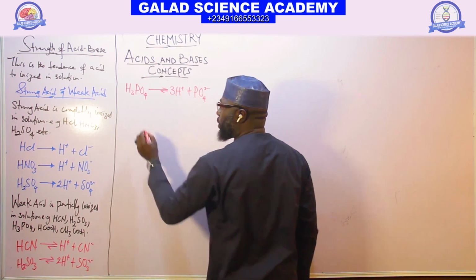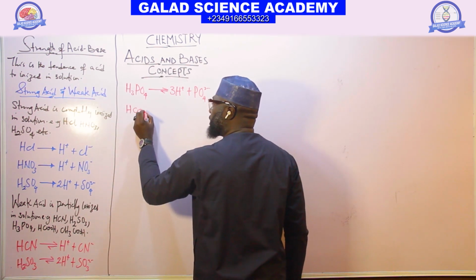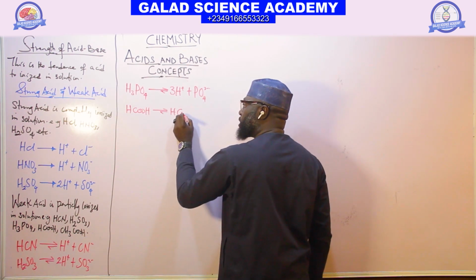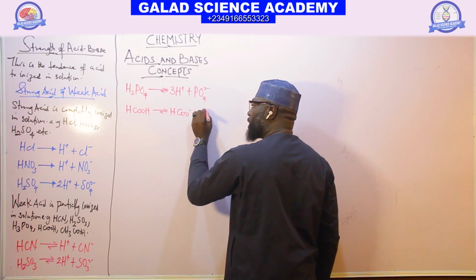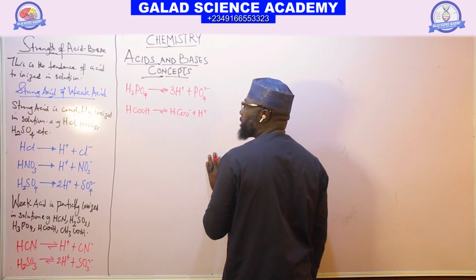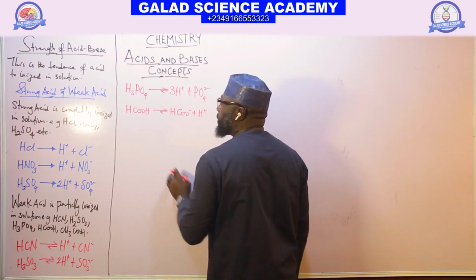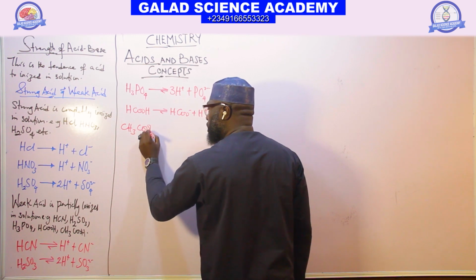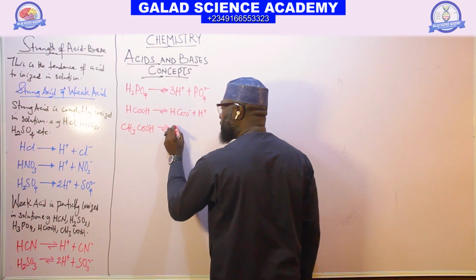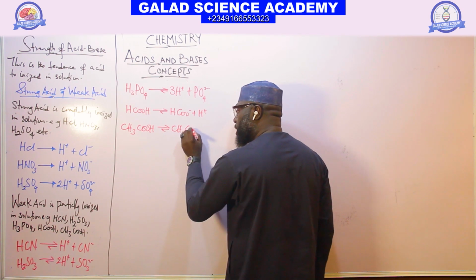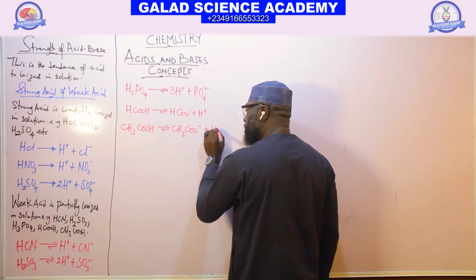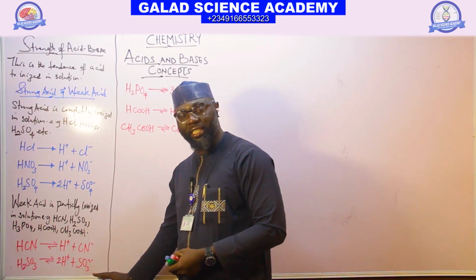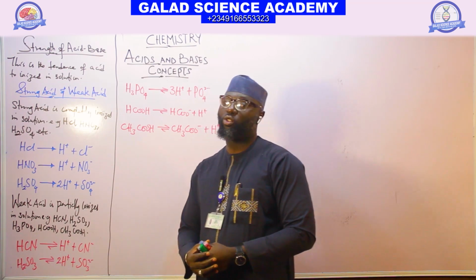And we can also have methanoic acid, partially ionized, giving HCOO minus plus H plus. And for ethanoic acid, CH3COOH partially ionized gives CH3COO minus plus H plus. So the weak acids are partially ionized in solution.